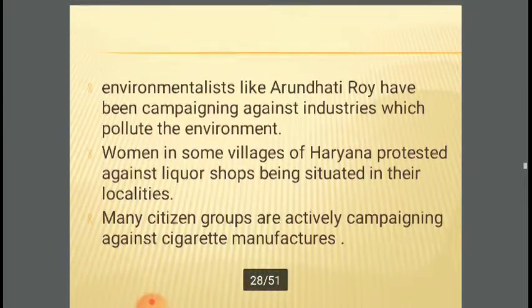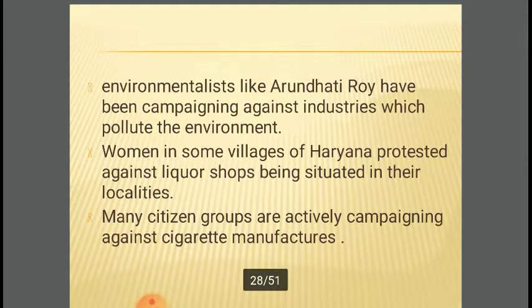Another example written here is, environmentalists like Arundhati Roy have been campaigning against industries which pollute the environment. See, what is the task of environmentalists? They are always concerned about the environment, and organization using capital intensive techniques, they are having their best in the environment, and due to that reason they are polluting the environment.